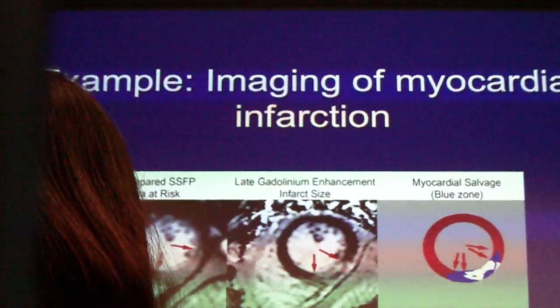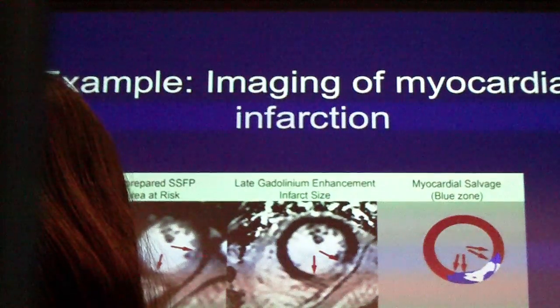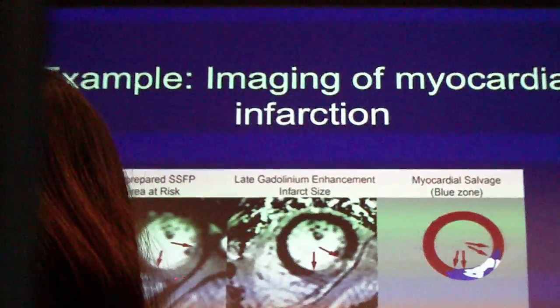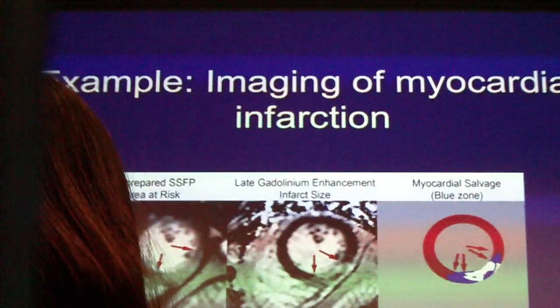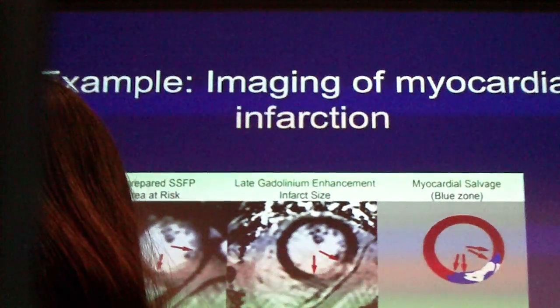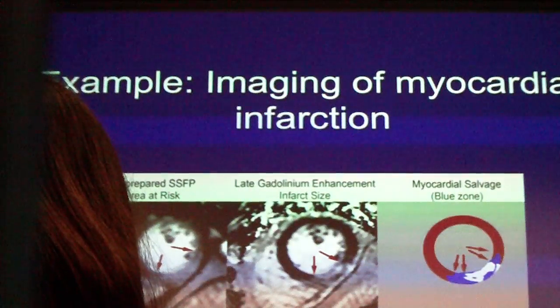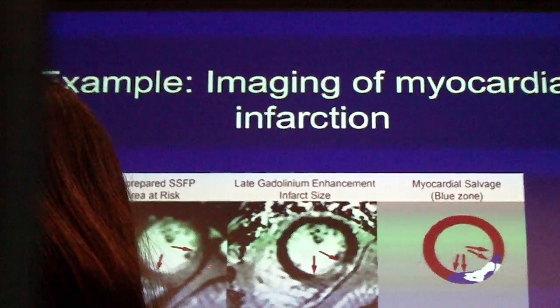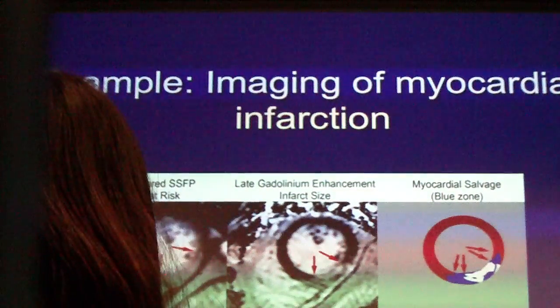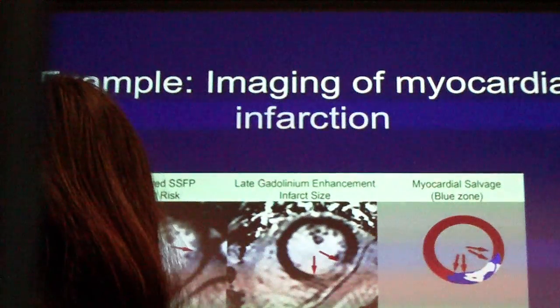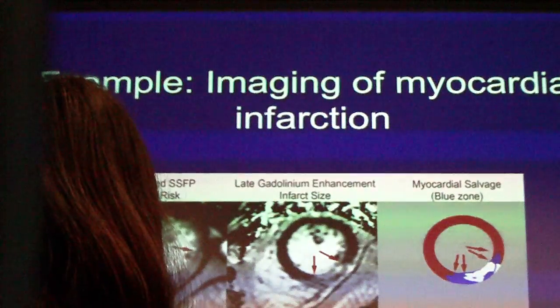And the interesting thing now, combining these two measurements, is that with the gadolinium enhancement, you can say, okay, this is really infarcted area, which is now white here. But with the T2 weighted images, you can detect a somewhat larger area with increased intensity.